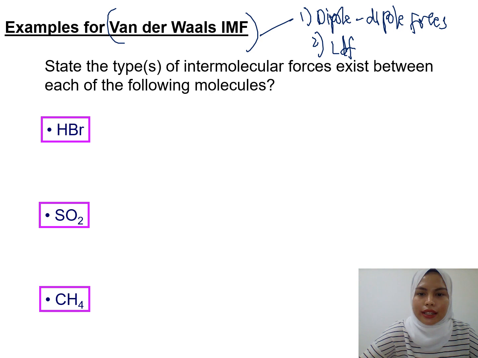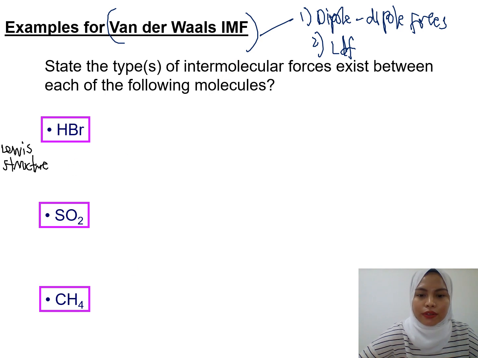Okay, so soalan tanya, state the type of intermolecular forces exist between each of the following molecules. So what can you do ialah bila you tengok molekul ni, you boleh lukis the Lewis structure untuk setiap molekul ni. Sebab kenapa? Sebab van der Waals forces ni dia akan lihat kepada molekul tu punya polarity. So chapter 4.4 akan related to chapter 4.2 bab polarity.